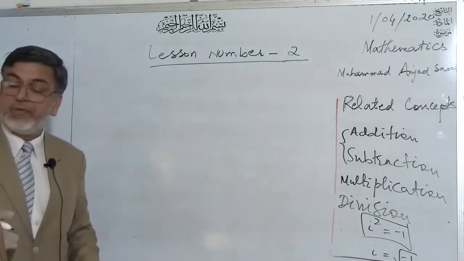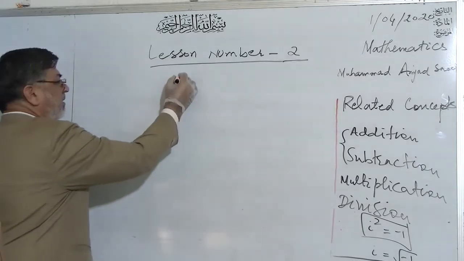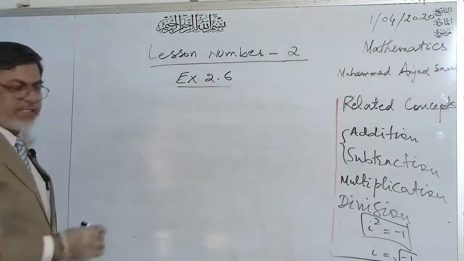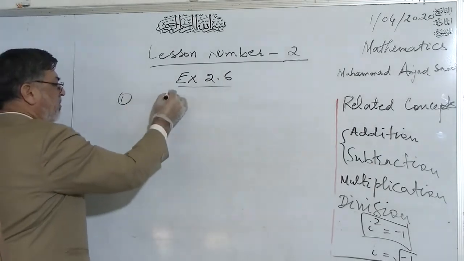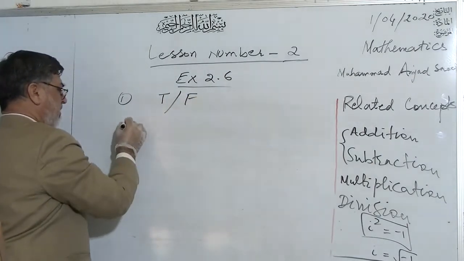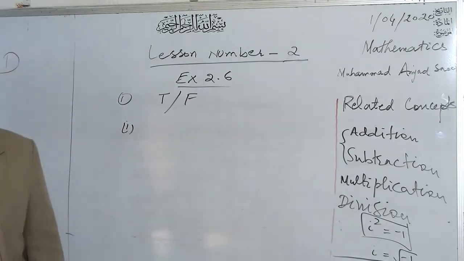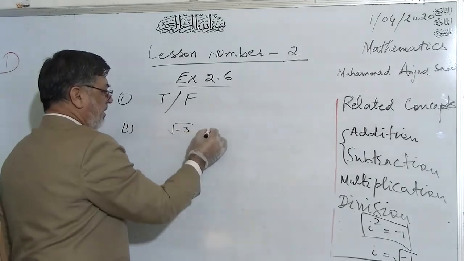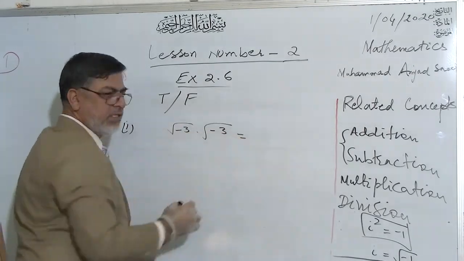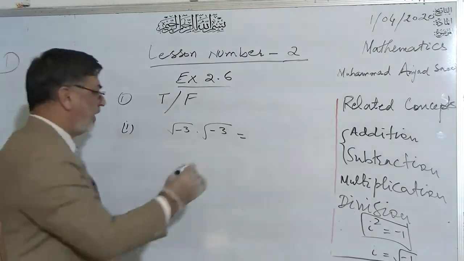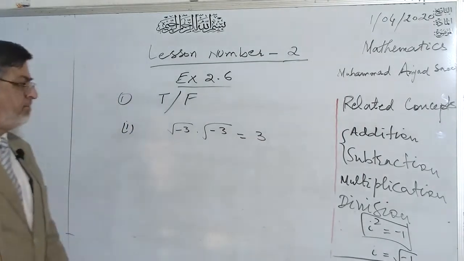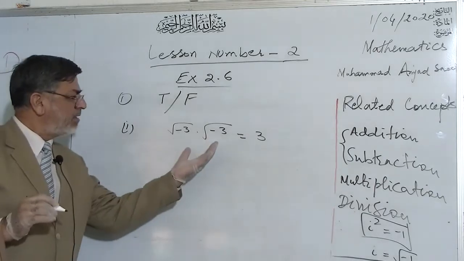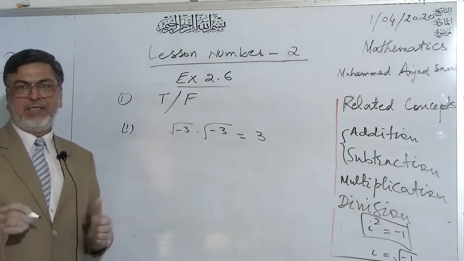In question number 1, exercise 2.6, true or false. For example, it is given: square root of -3 into square root of -3 is equal to 3. We have to show whether it is true or false.